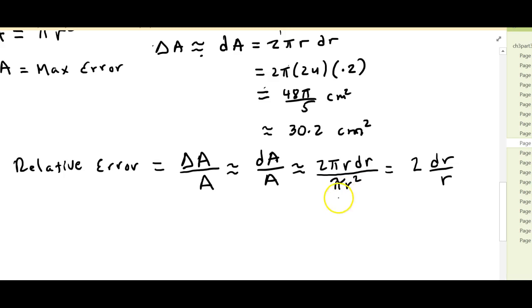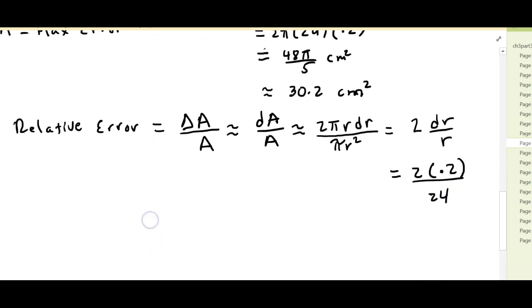Now, put in your numbers. So 2 times dr is 0.2. r was 24. So that's going to be 0.4 divided by 24. Yeah, so for this, 0.016 repeating, right?